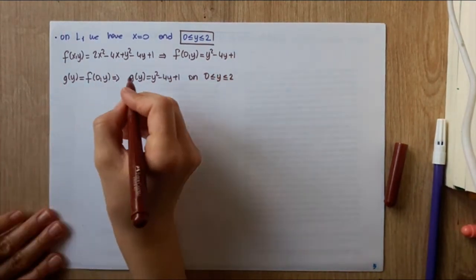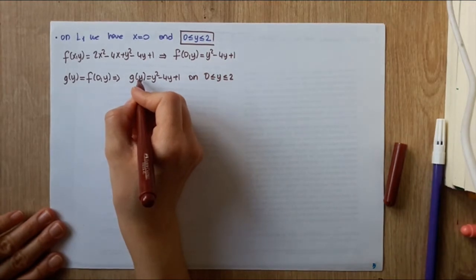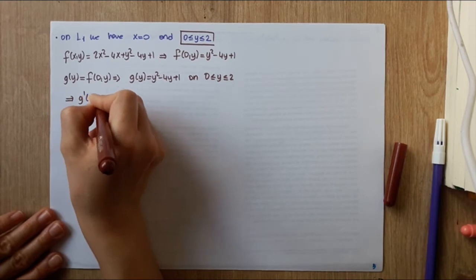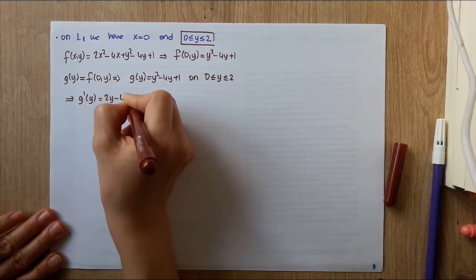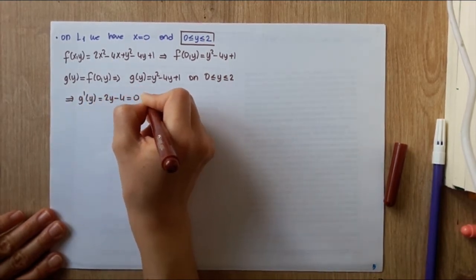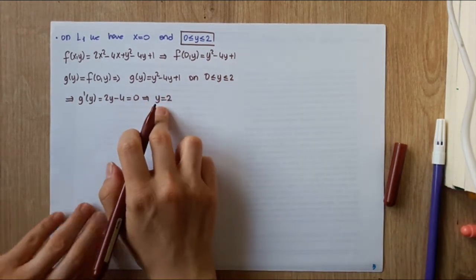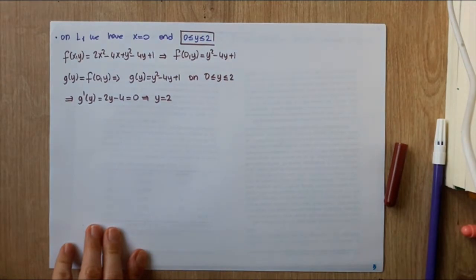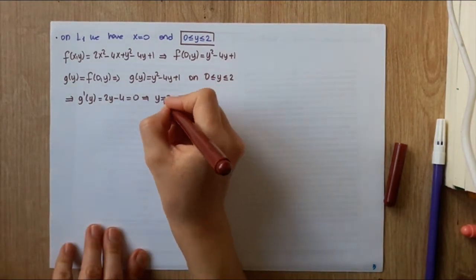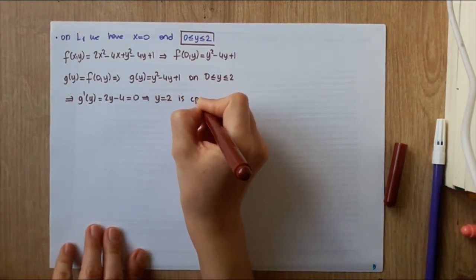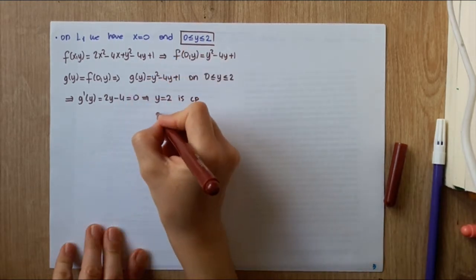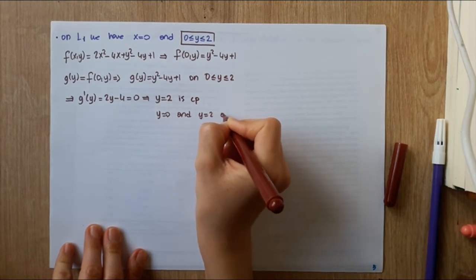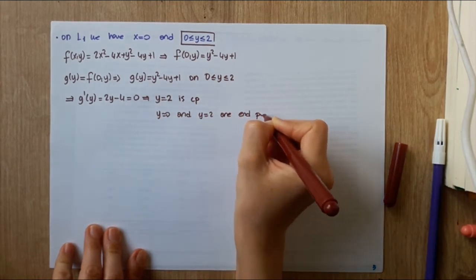So to find the absolute minimum or absolute maximum of this function, first of all, I will calculate its critical point: 2y minus 4, equate it to 0. I have y is 2. Okay, if y is 2 here, because x is 0, we have the point (0, 2). So this is the critical point, and we have endpoints, right? y is 0 and y is 2 are endpoints also.